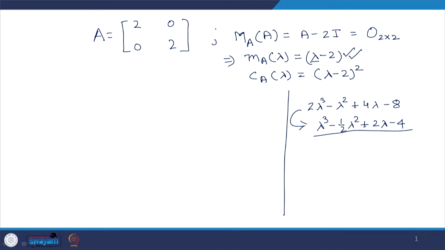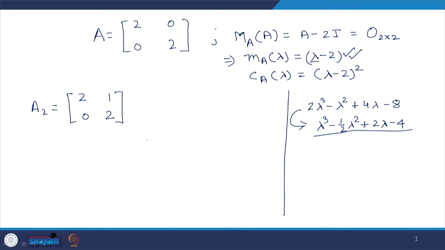Another important thing about a monic polynomial is that it is a polynomial of a single variable, that is, of lambda only. Now take another matrix A2, which is 2 1 0 2.